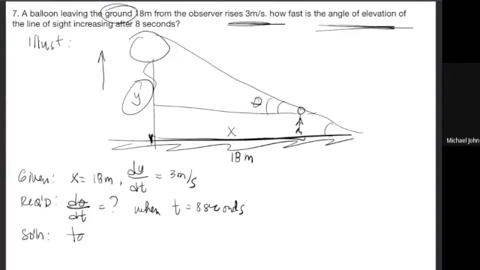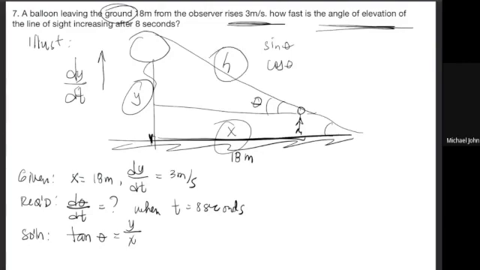We will use tangent theta, which is equal to the opposite side over the adjacent side, because x is given and dy/dt is given. There is no information given about the hypotenuse, therefore you cannot use sine theta or cosine theta because it involves the hypotenuse. So we use tangent theta instead.